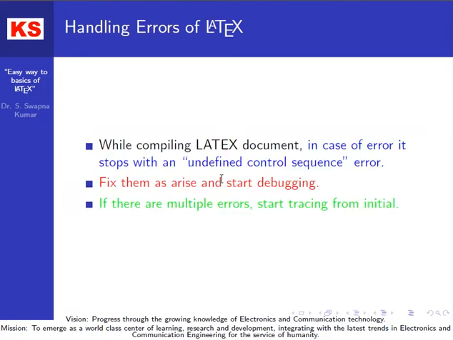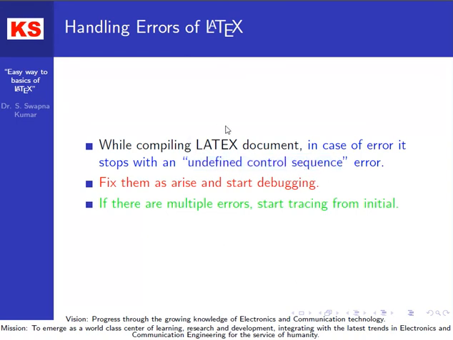Finally, handling errors in LaTeX: as I have told earlier, LaTeX does line by line corrections. So line by line corrections of documentation structure and formatting is how the basic LaTeX document preparation takes place. In case of error, it stops with an undefined control sequence. It will pop up this message.